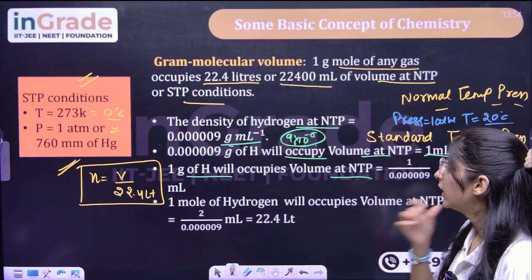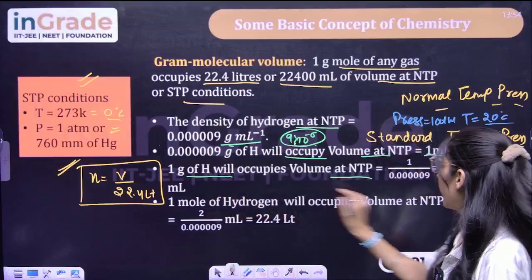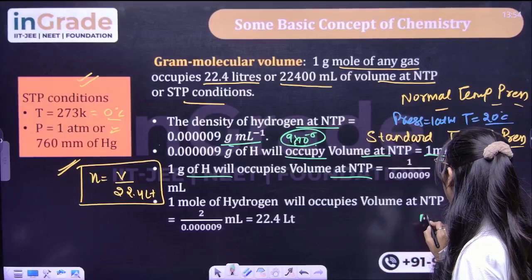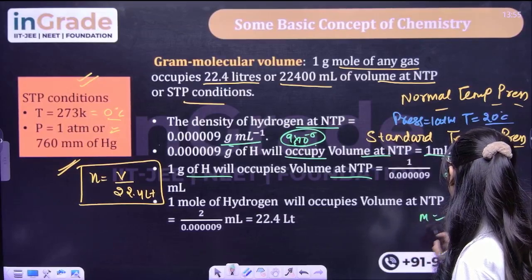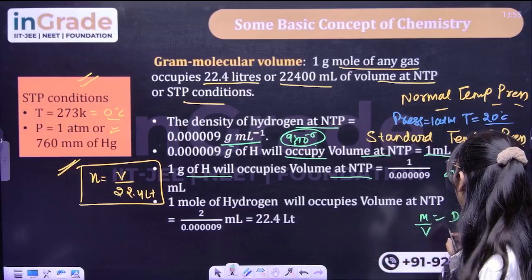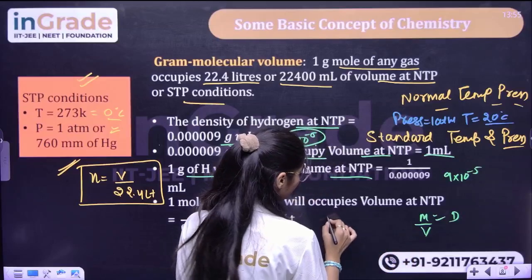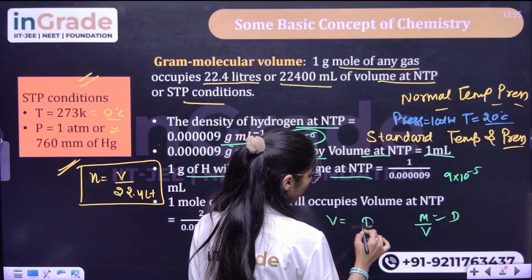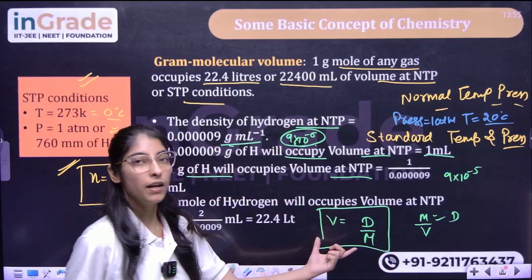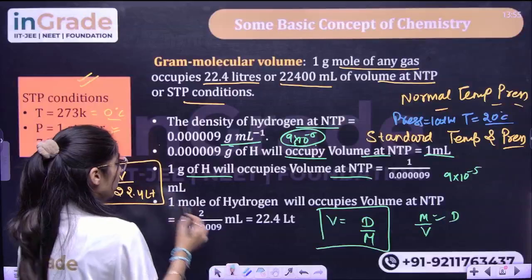See one thing here, this is your mass. Density is equal to mass per unit volume, and here we are going to calculate volume, so volume is equal to mass by density.